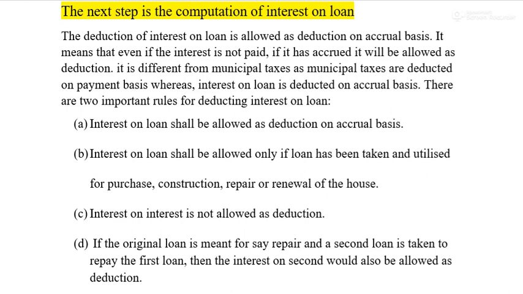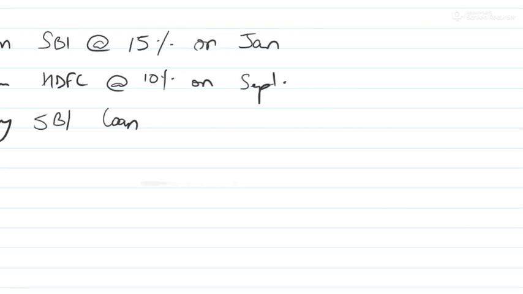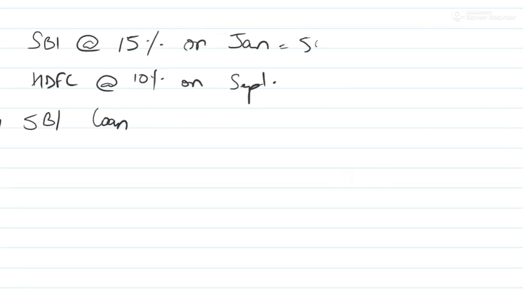So what would a logical person do? Suppose if he keeps the loan in SBI, he will have to pay the rate of interest 15% until he repays the loan. So what did the person do? He took the loan from HDFC and he paid to SBI. So 50 lakhs he took from SBI at 15% and 50 lakh he took from HDFC at 10%. So the total deduction allowed will be what? 50 lakhs into 15%, right?